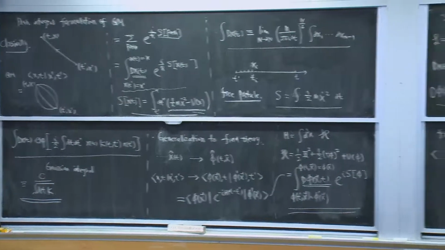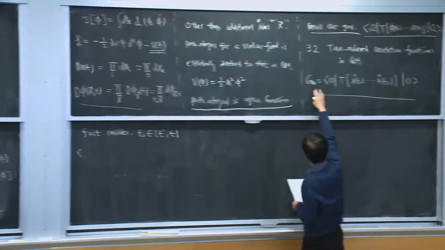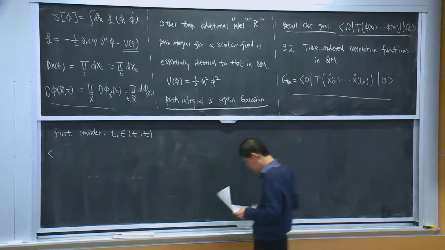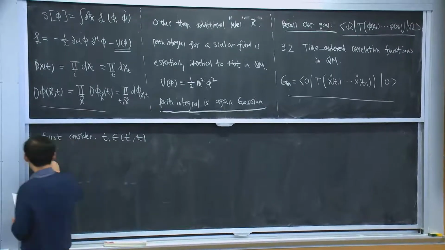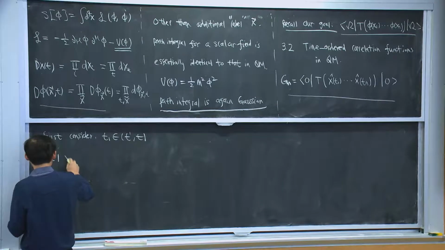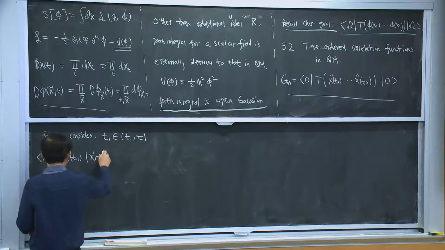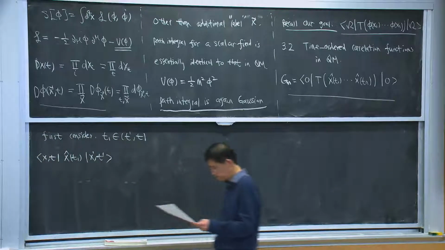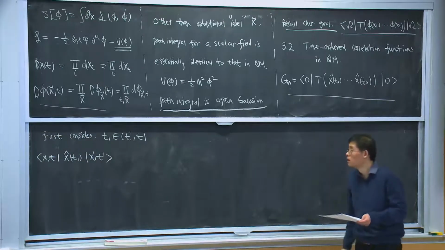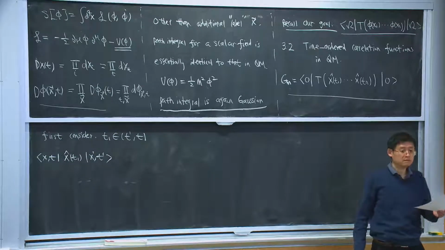The simplest case is to take n equal to 1, so you just have one of them. Let's consider this object.